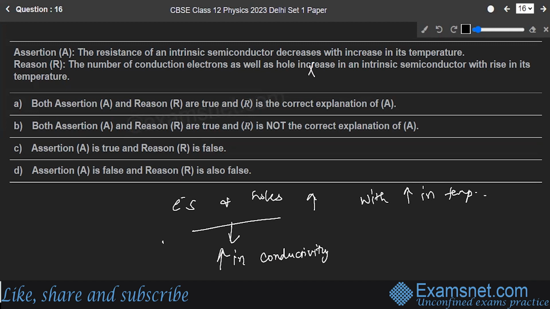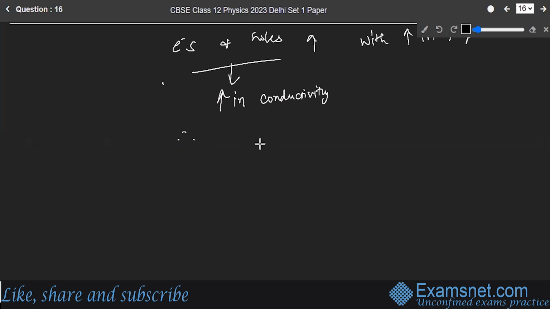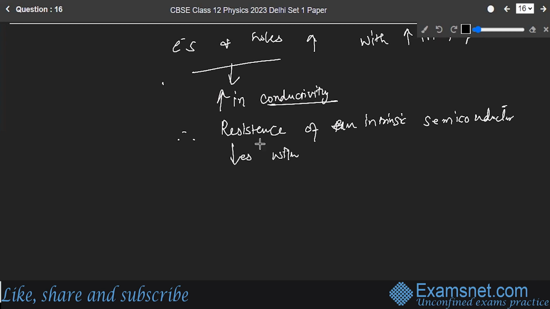Therefore, because the conductivity is increasing, the resistance of an intrinsic semiconductor decreases with increase in temperature. This phenomenon is known as intrinsic conduction. However, the reason is false.